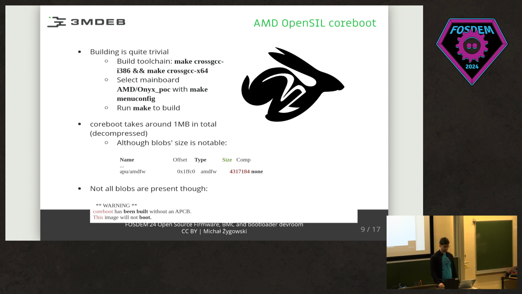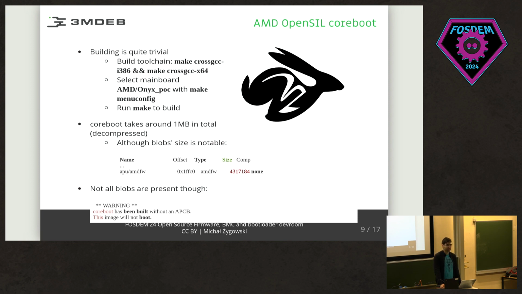There is no way around that. And they are still quite heavy, it's like 4 megabytes, as you can see, the AMD APU firmware. But compared to Intel, where, let's say, a current generation desktop has a 1 megabyte blob of microcode, a 4 megabyte blob of management engine, and another 1.5 megabytes of FSP, that's already a much better situation.